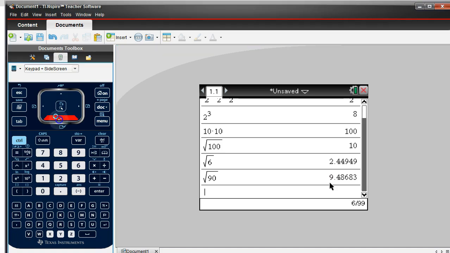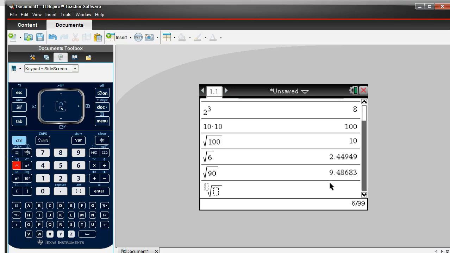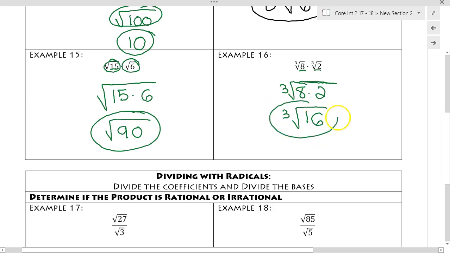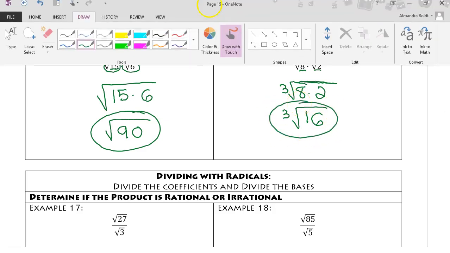The only thing you have to make sure of is Control. You use this one over here for anything that's not just a regular square root. I need to type the 3 in and the 16. Cube root of 16. Again, that's a decimal. This is just my answer.